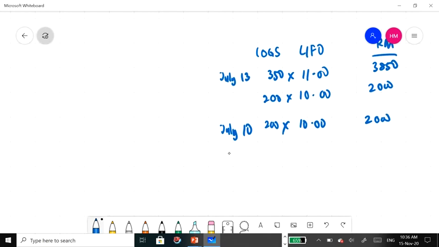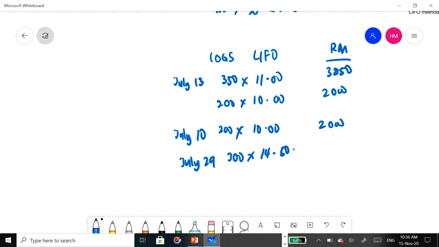So July 29, 300 times dengan RM14.50. So you will get 4,350. So total up you akan dapat 12,200. Okay, so this is your COGS.